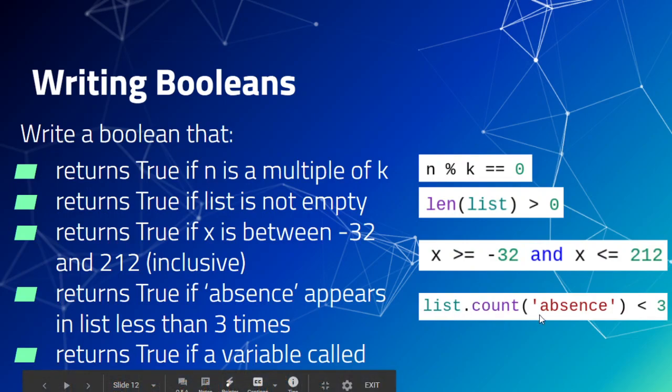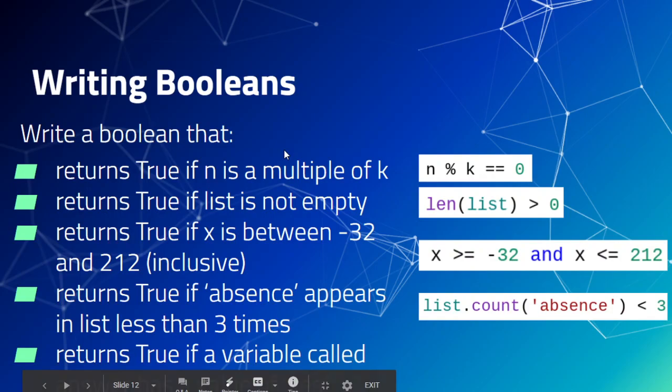So we use list.count and then the string absence. And what do we have to do? We have to return true if it appears less than 3 times. So we check, is it less than 3? That basically reflects what it's asking us to do in this Boolean.